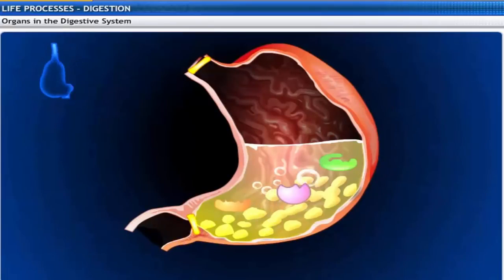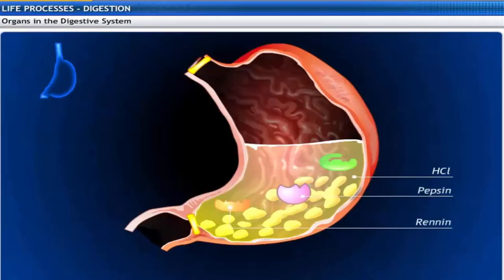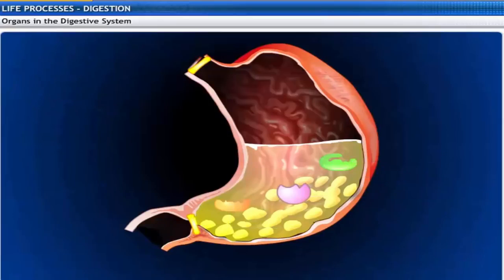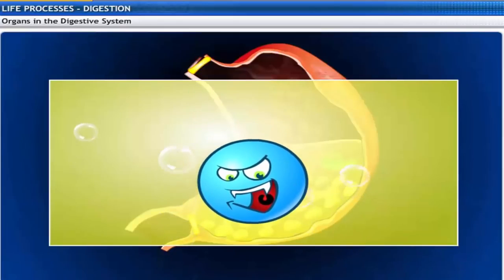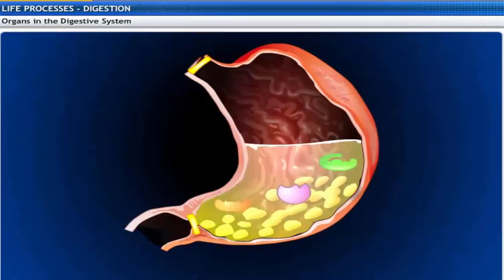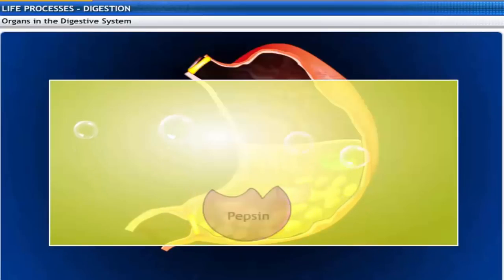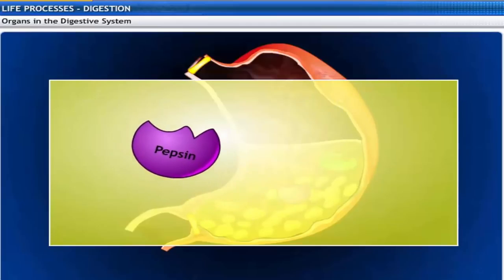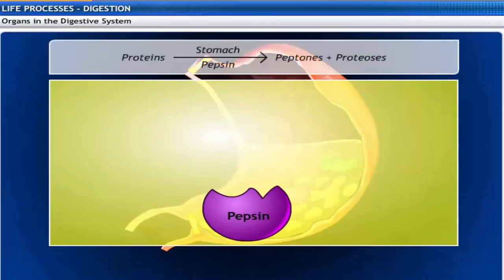These gastric juices contain chemicals like hydrochloric acid and enzymes like pepsin, renin, and lipase. Hydrochloric acid kills any germs that may have entered along with the food. It also creates an acidic medium which activates the enzyme pepsin.